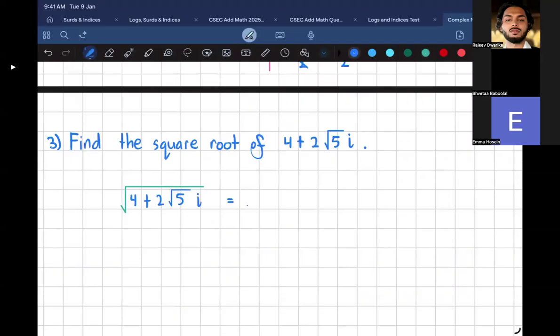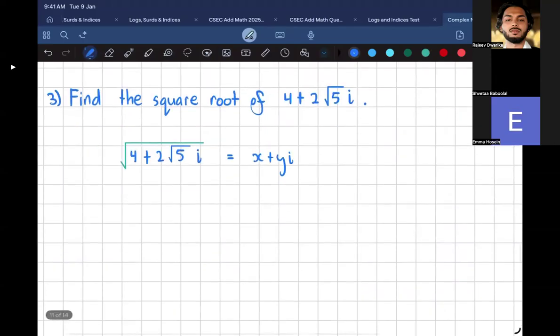The square root should be equal to what form? X plus yi. So to get rid of the square root sign, we're going to square both sides, and I'm going to end up with 4 plus 2 root 5i equal to x plus yi squared.